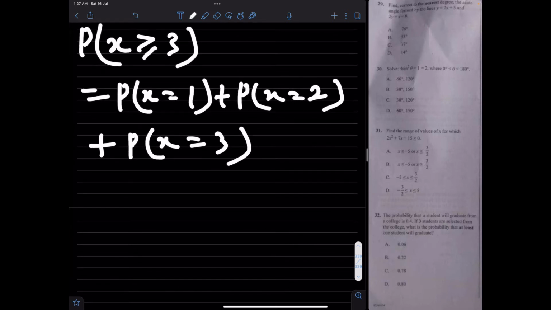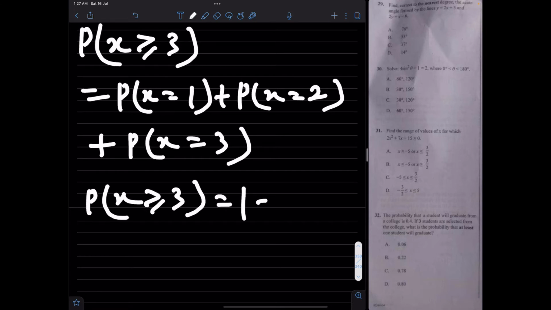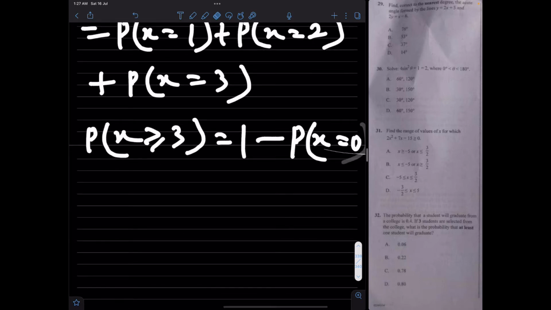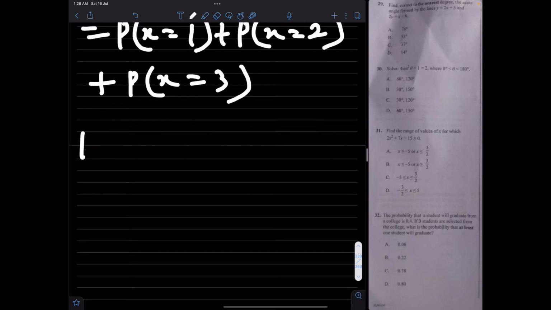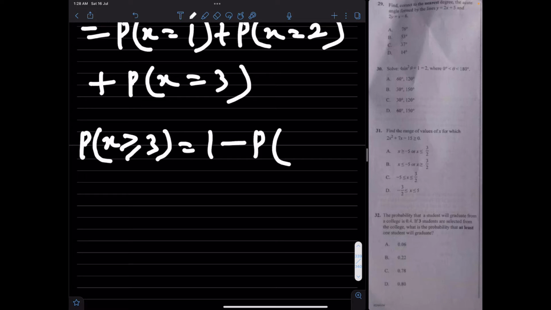Or, to put it simply, the probability that at least one of them graduates is the same as 1 minus the probability that none of them graduates.